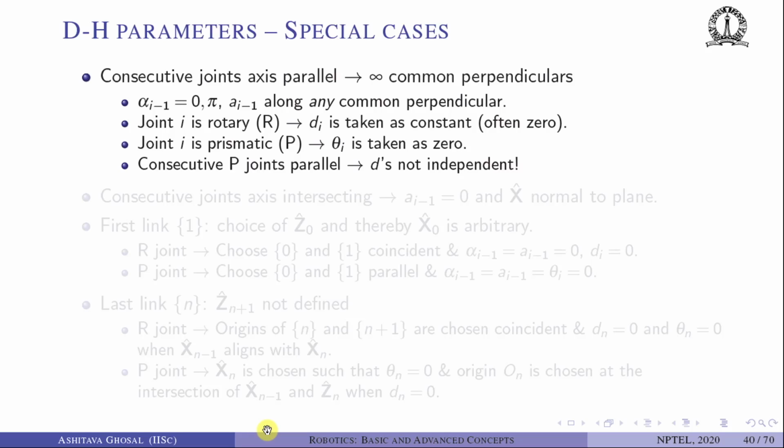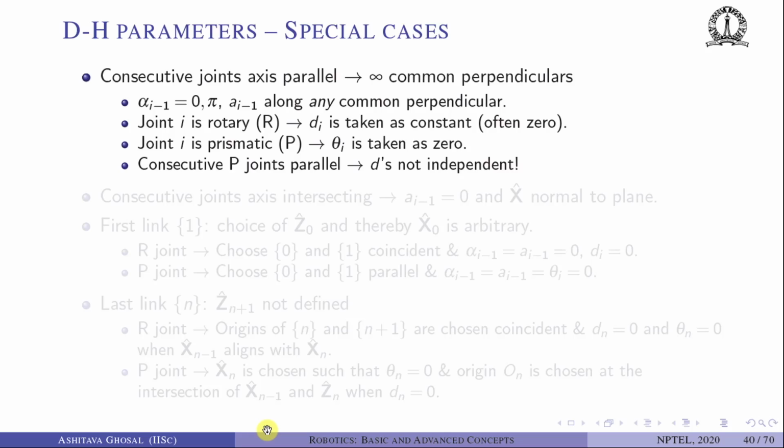If the joint i is rotary, d i is taken as constant, often 0. Okay, if joint i is prismatic, theta i is taken as 0. So if 2 consecutive joint axes are parallel and that joint axis is rotary, d i is taken as constant. You cannot have 2 consecutive parallel prismatic joints.